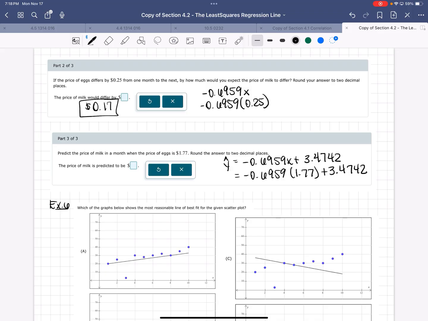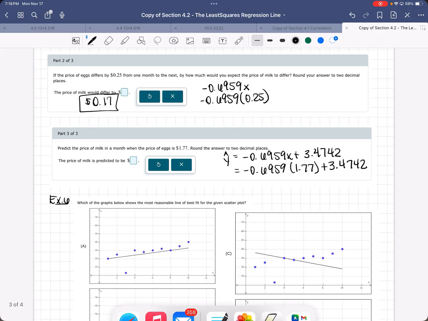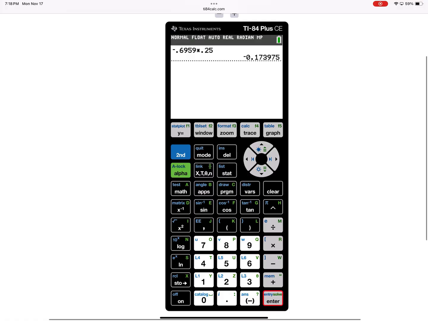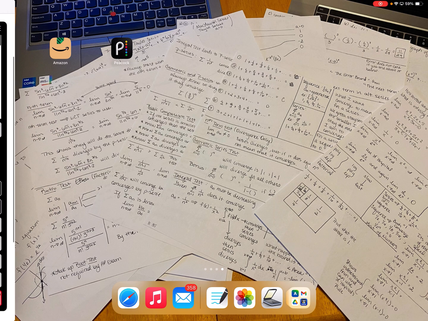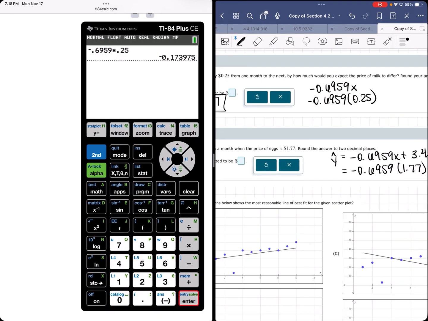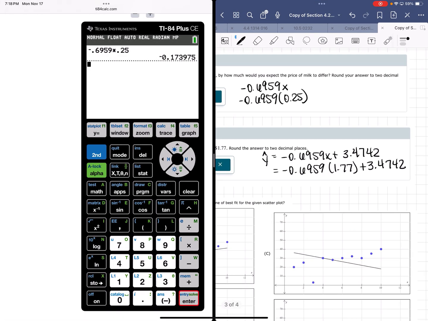Okay. So I'm going to go back over here to my calculator. I'm going to split my screen so I can see because I don't have it written down over here. I just put an answer. That's so smart of me. I've got negative 0.6959 times $1.77 plus 3.4742.